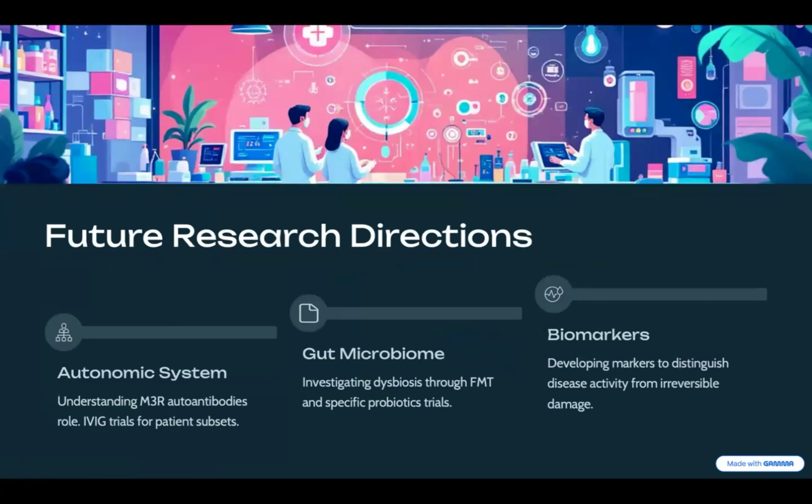So the future research directions: identifying and recognizing the neuronal attack, how it comes, is something which we are looking forward to. Gut microbiome, yes, we know that there is a change in gut microbiome both ways. The trigger may be the microbiome, and the clinical manifestations and the outcome can also be very well modified by these microbiomes. So research is ongoing.